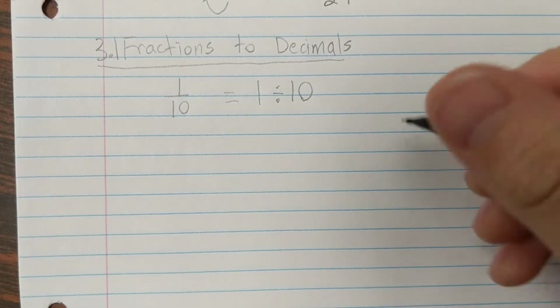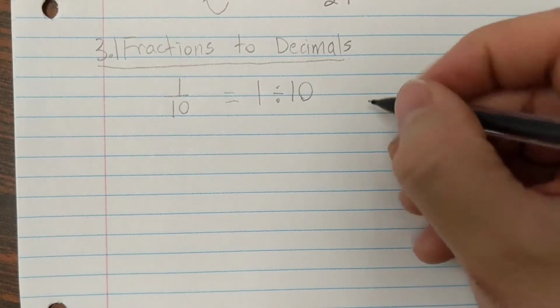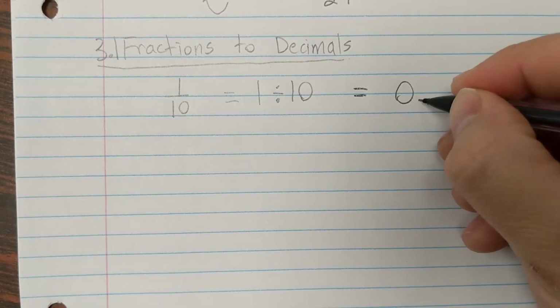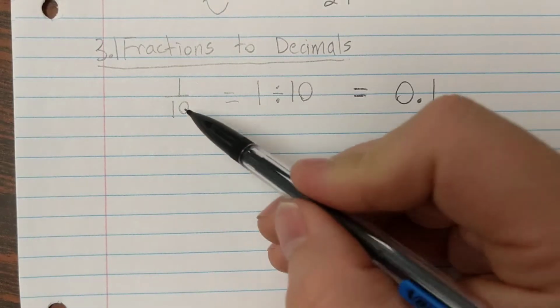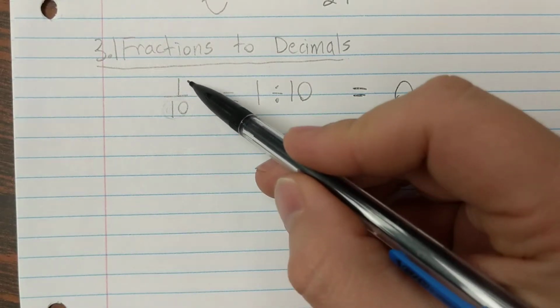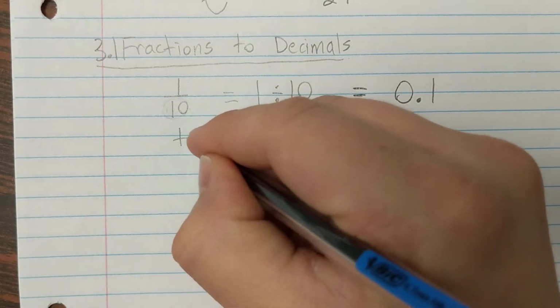So if we go into our calculator and we divide 1 by 10, we will find out that it is 0.1. Now if you think about it, the denominator is tenths, right? There's 10 of them, and when a 10 is on the denominator rather than the top, we call it a tenth.